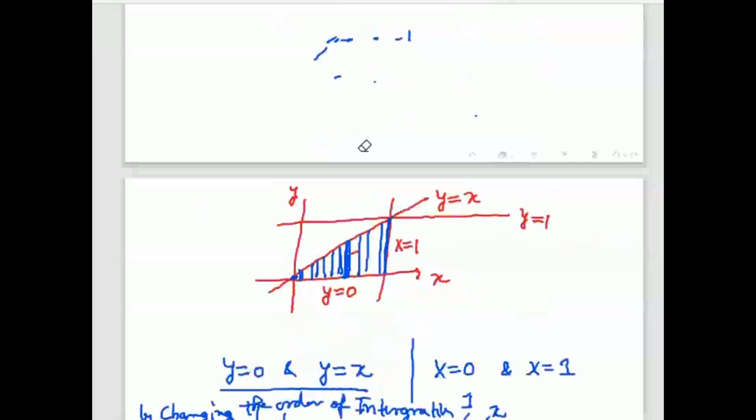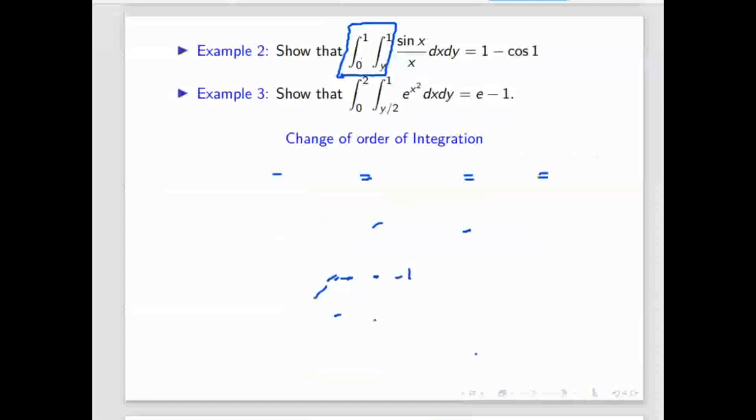So this is example 2. In the exam, a question from this change of order of integration will definitely come.